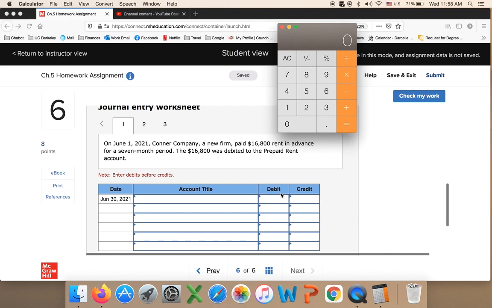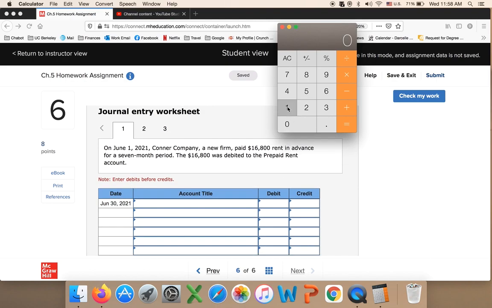Make the adjusting entry. So if I prepaid 16,800 in rent for 7 months, I'm going to divide it by 7. So this is how much rent has expired, so I need to move it to rent expense.